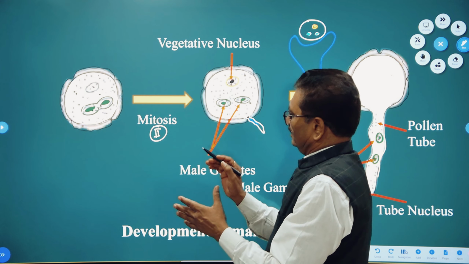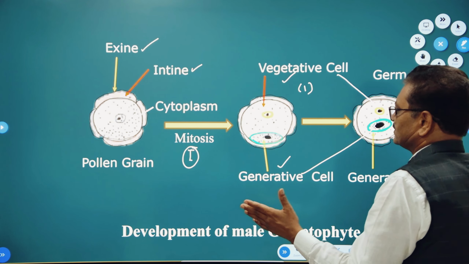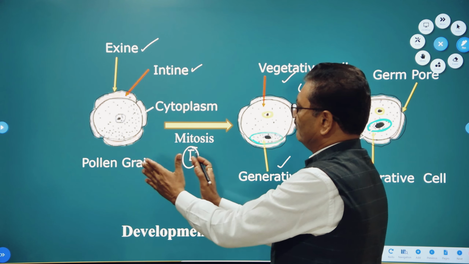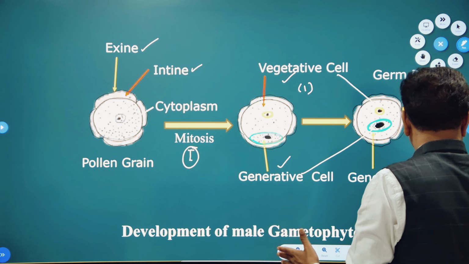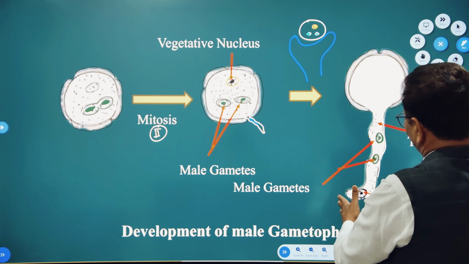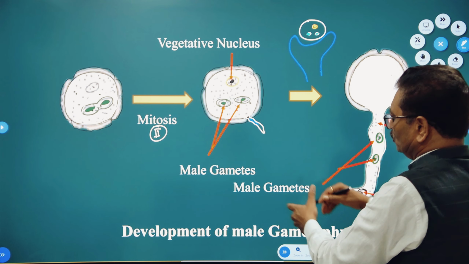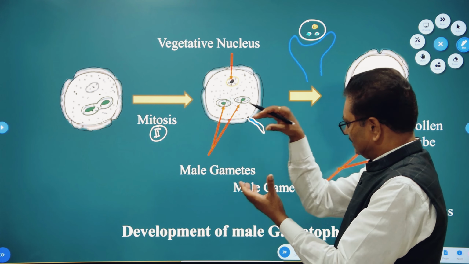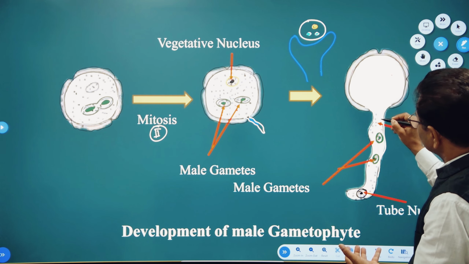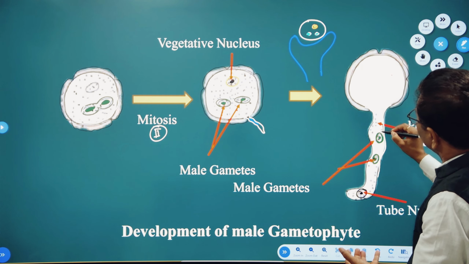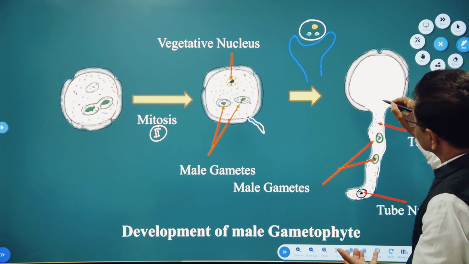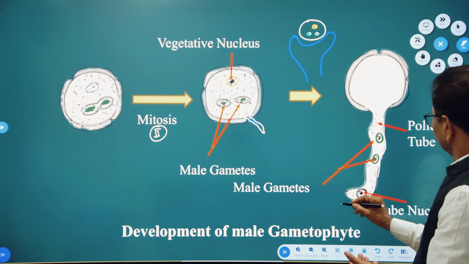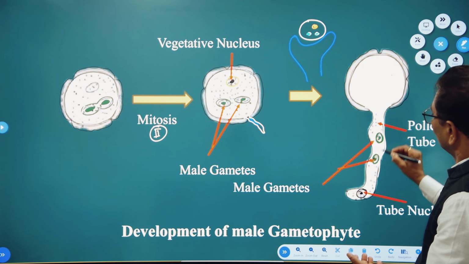So we will see the steps again. Pollen grain is the starting stage of male gametophyte development, followed by formation of the pollen tube, entry of the pollen tube in the style through the stigma, and transfer of these two male gametes along with a tube nucleus in a pollen tube.